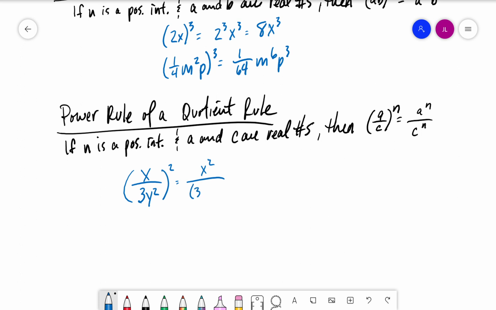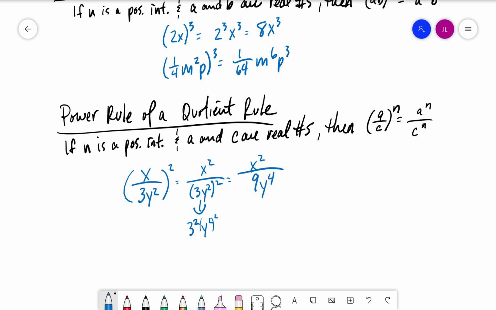On the top, we have x squared. But the bottom comes out to 3 squared times y squared squared. It's the second power, so 3 squared is 9, and then we have y to the fourth.